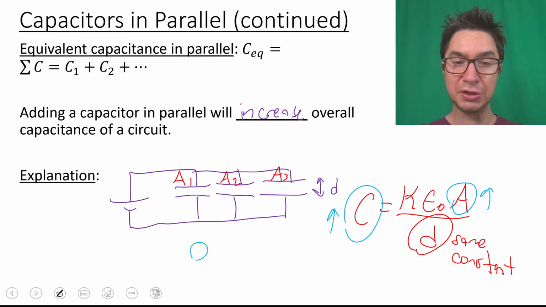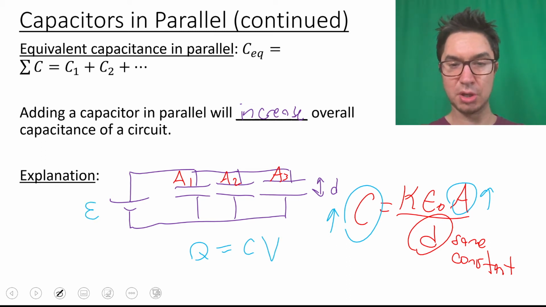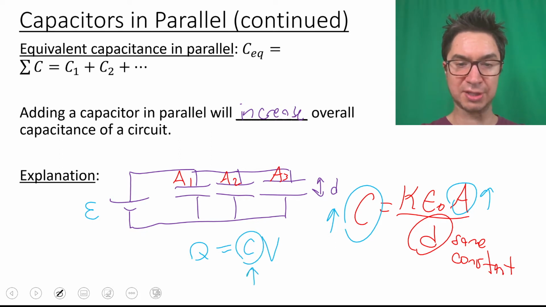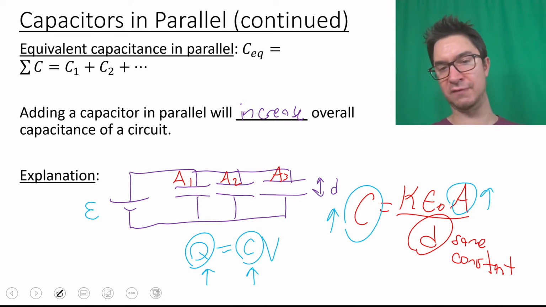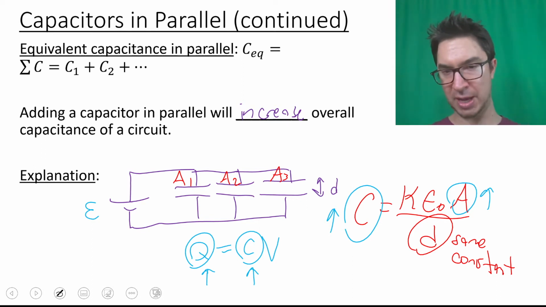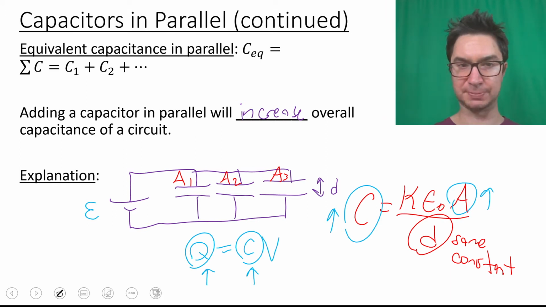And because the charge is equal to CV, if that voltage source, if that EMF remains the same, then an increased capacitance means that we can store more charge. All right, so this is just a nice visual way of imagining how adding more capacitors in parallel really is just beefing up the area over which we can store charge for a given voltage.